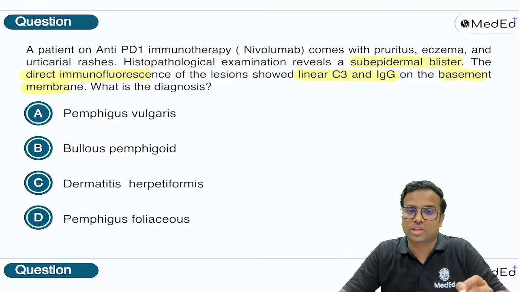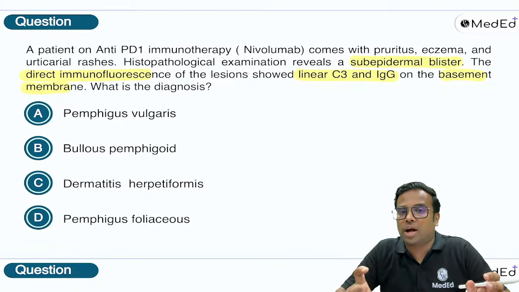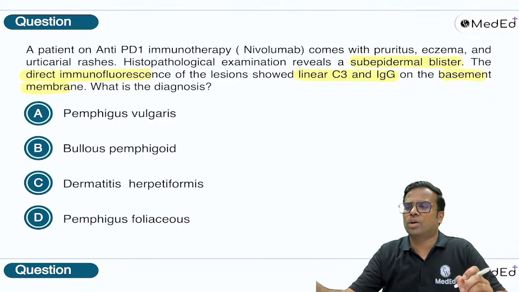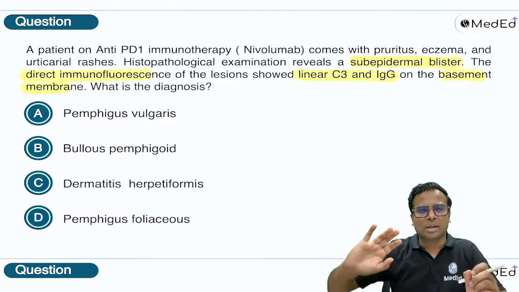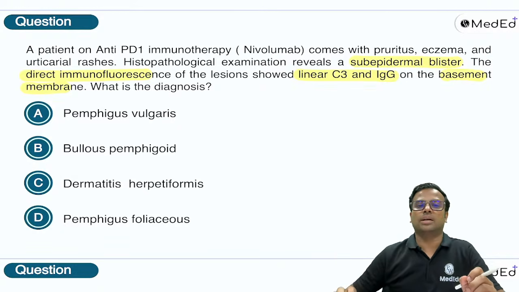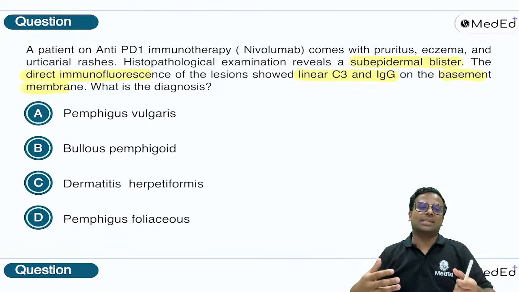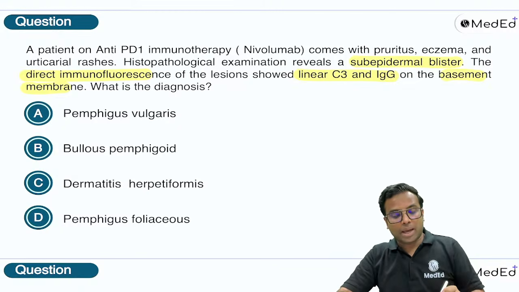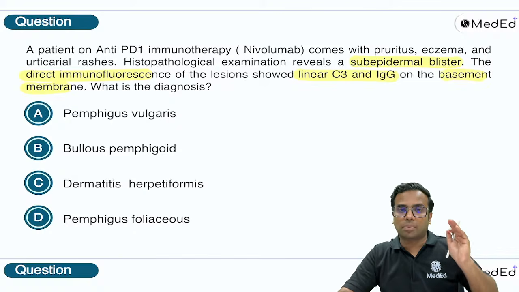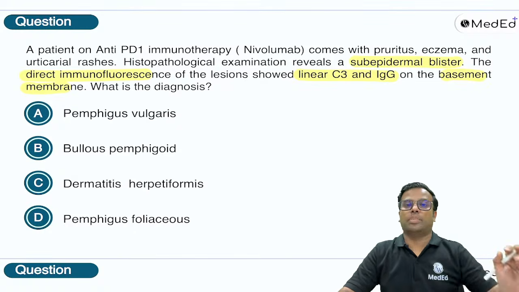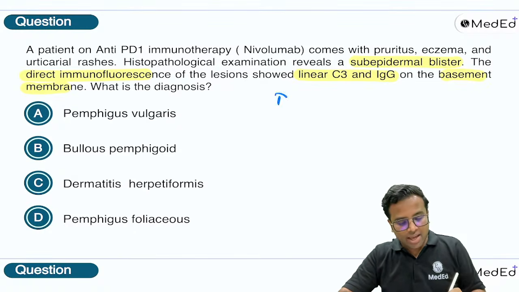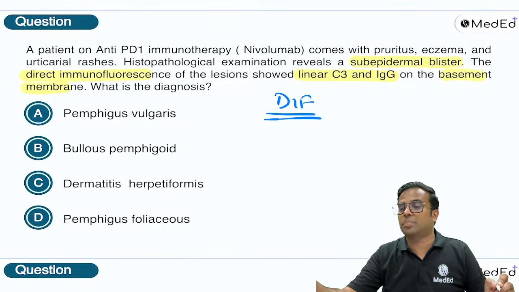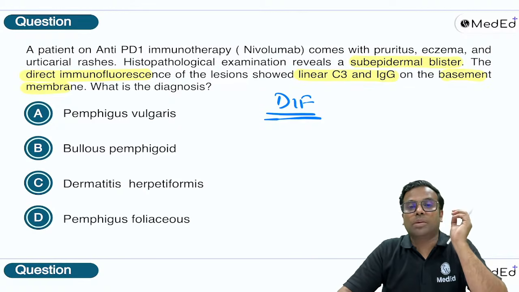What is the diagnosis now? The first part of the question may look non-specific. Some patient is taking some immunotherapy, now comes with some itching, eczema, urticarial rashes. But see the second sentence, it is a subepidermal blister, which means the blister is forming under the epidermis. And the DIF, this is very specific because there is a linear pattern over the basement membrane zone.